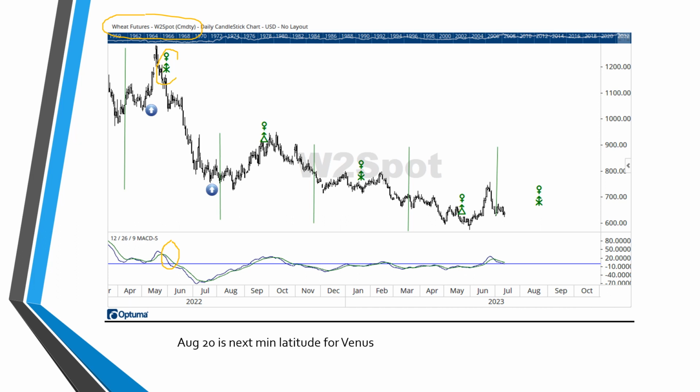And here's our friend Venus at one of its latitude events. Here is a 0-degree event. Here's another event here where wheat reaches a turning point. MACD is telling you it's turning, the trend is changing. Here's another shallow little swing low.